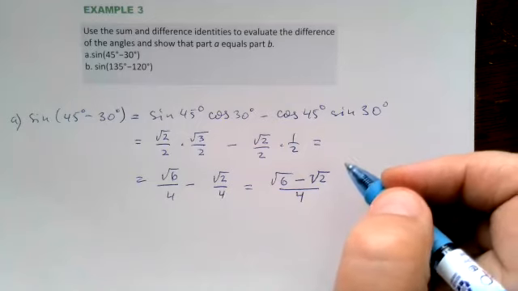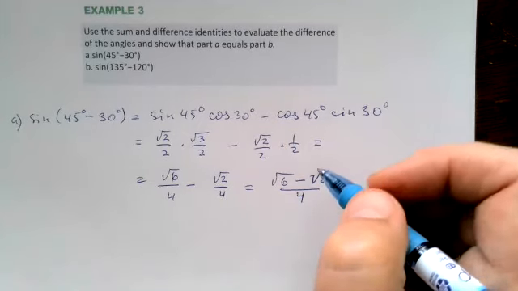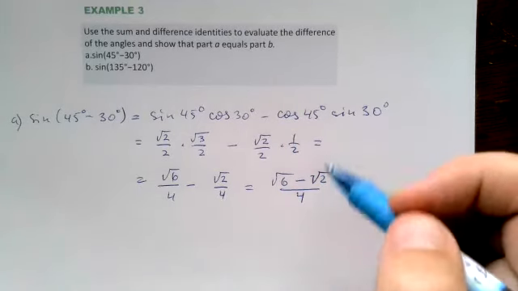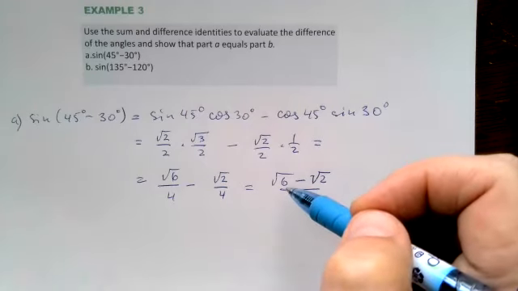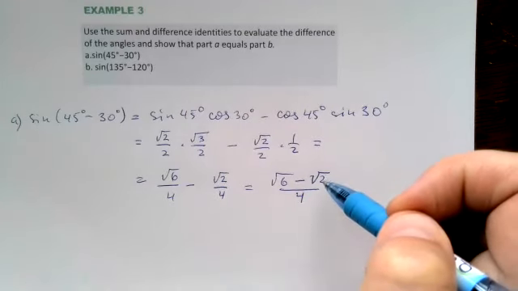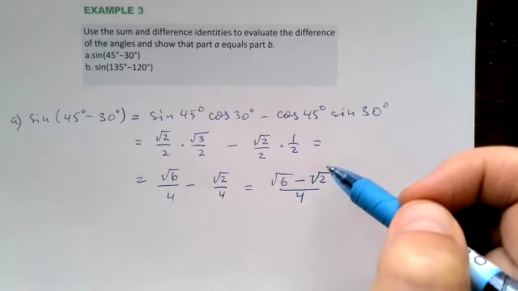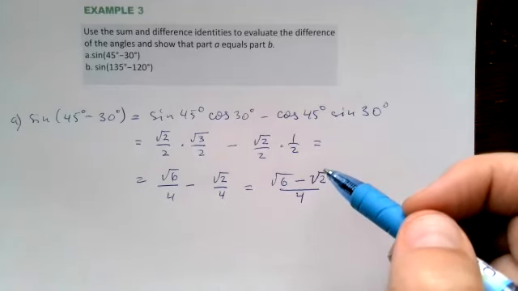I don't want to waste your time here. I know that you can do that by yourself. I just wanted to make sure that you remember that square root of 6 and square root of 2 cannot be combined because they're not like radicals, so they just stay like that.